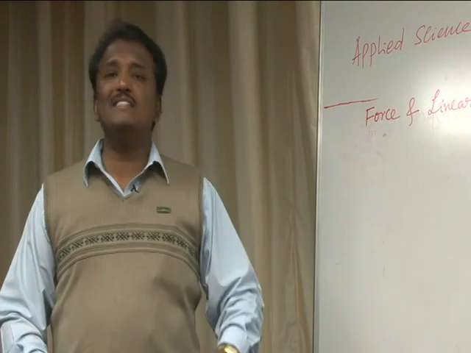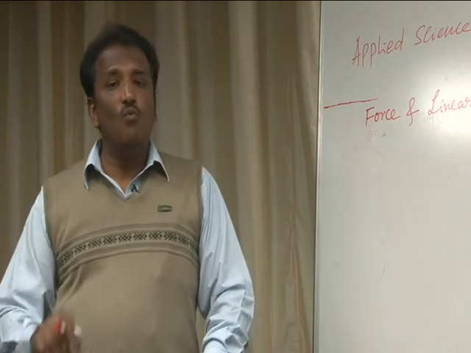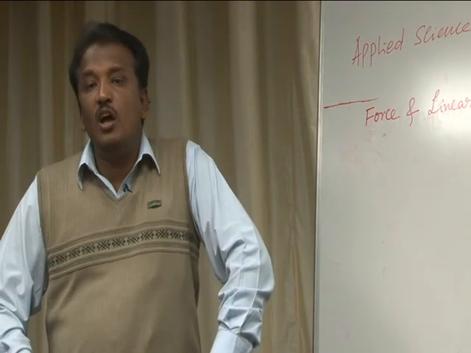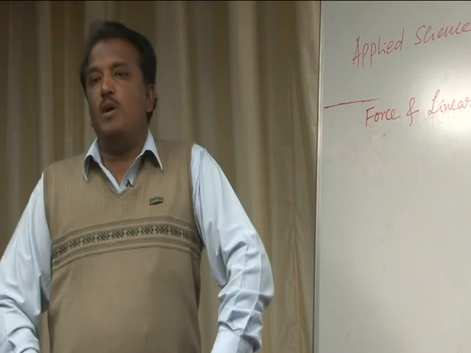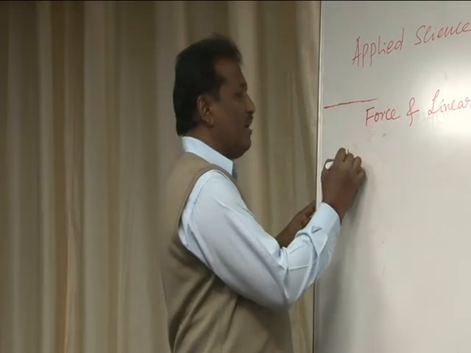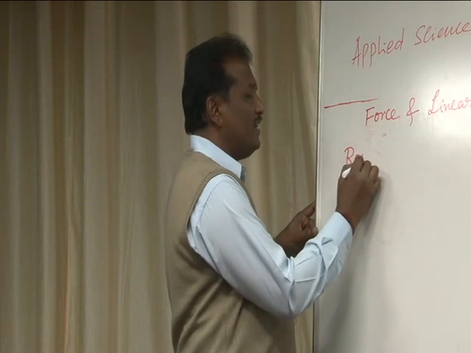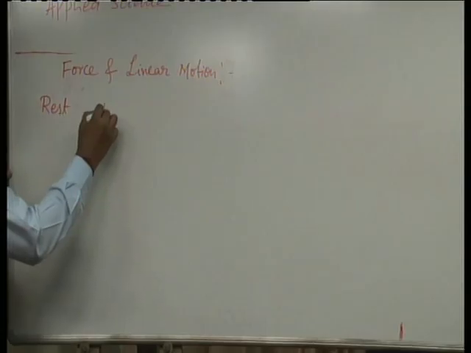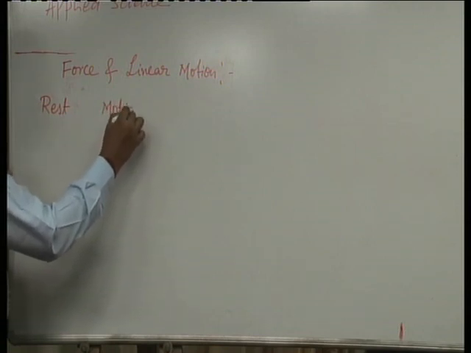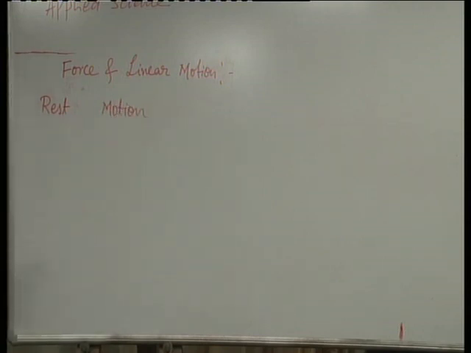With respect to this example, you can say force is an external agent which can change the original state of the body. The original state of the material body can be in the form of rest and motion. Even in a single sentence you can say push or pull is referred to as a force.